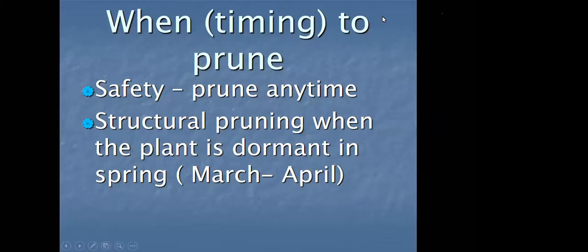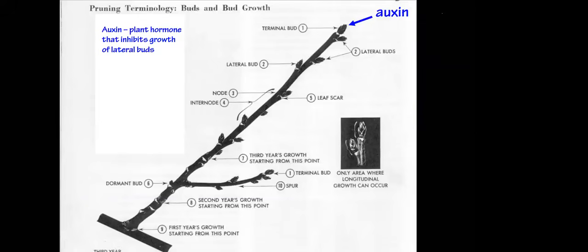I want to tell you about the chemical auxin and why that's important. So auxin, it's a plant hormone that helps to inhibit the growth of the lateral buds.